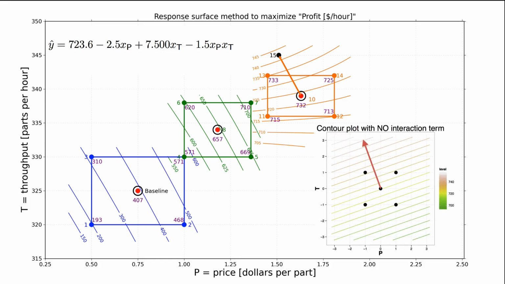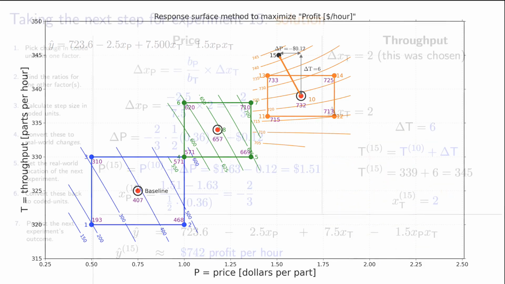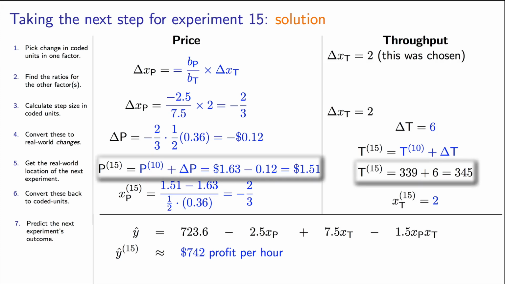And because you're good at this now, I'm going to take a step of delta xt equal to size 2 and the corresponding delta xp is equal to minus 2/3. You can do the rest of the calculations yourself and show that the predicted value of profit at this location is $742, and that corresponds to these real-world values and these coded values.